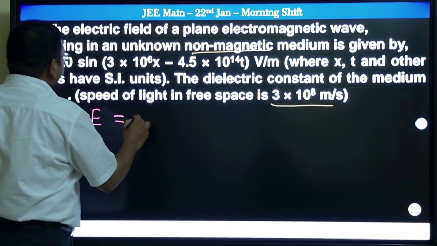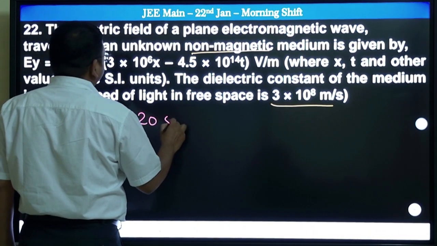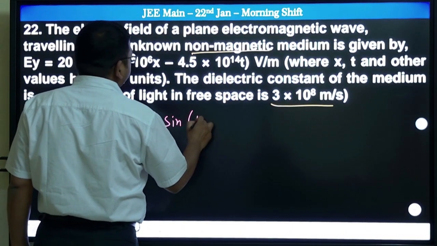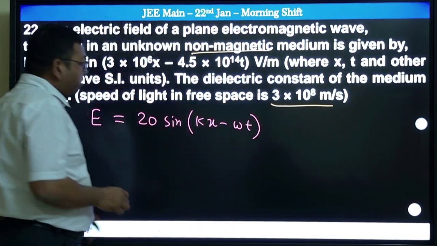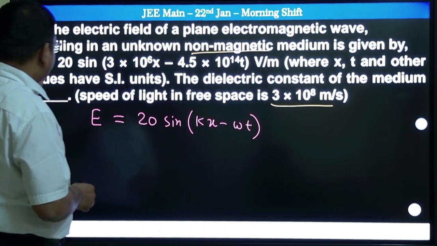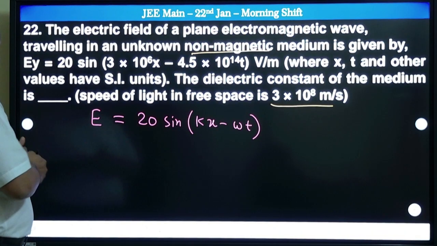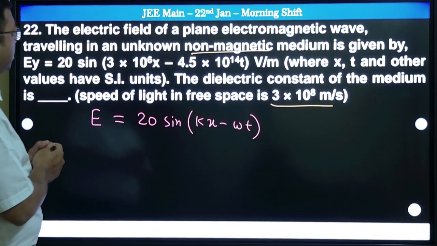Electric field is given as 20 sine of kx minus omega t. From here you can see this is the amplitude. We need to calculate the dielectric constant.